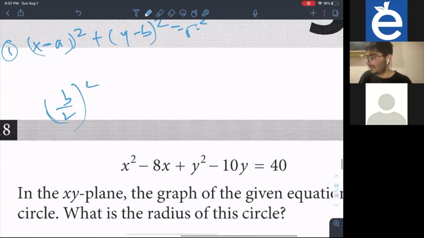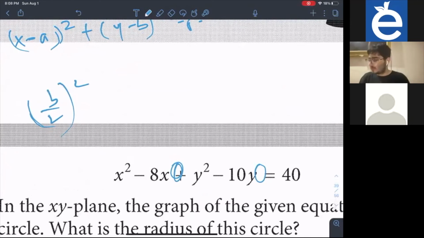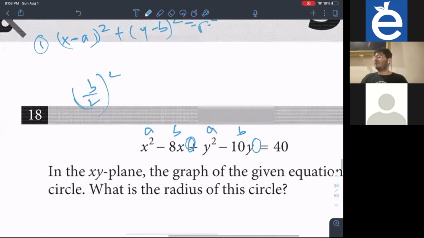That is how you get the third value, and then you have to factor everything in. You have to find the third value for each part, the x's and y's. We have to do it twice. That's how we get the standard form of a circle, and then you just have to identify the radius.